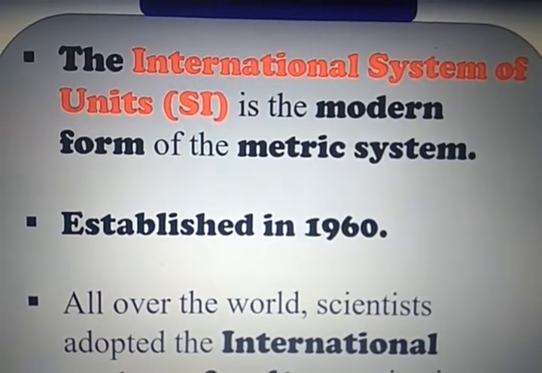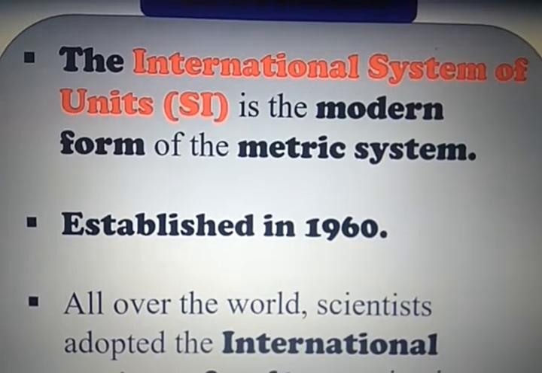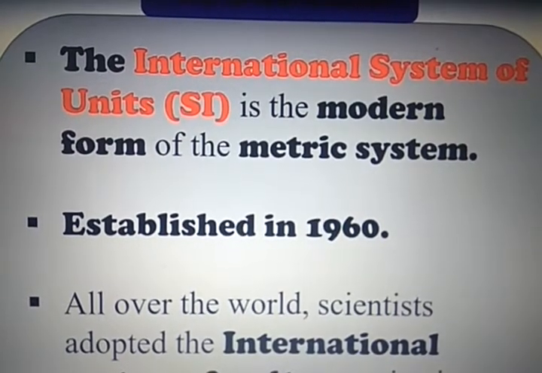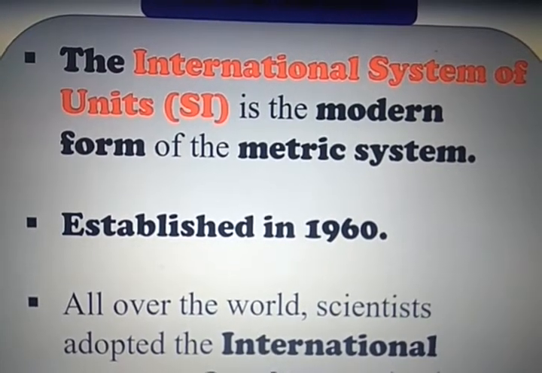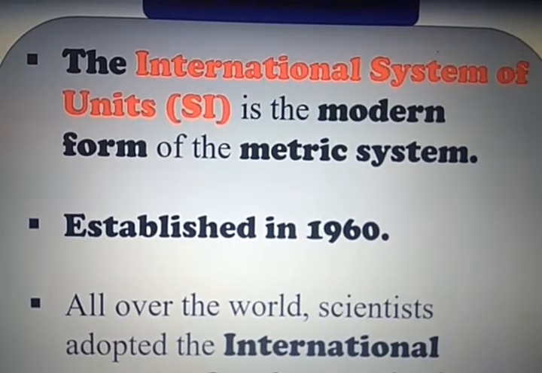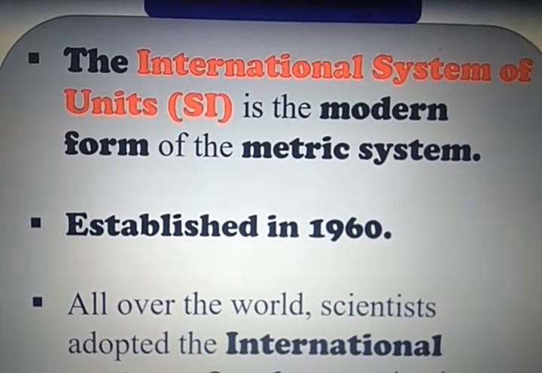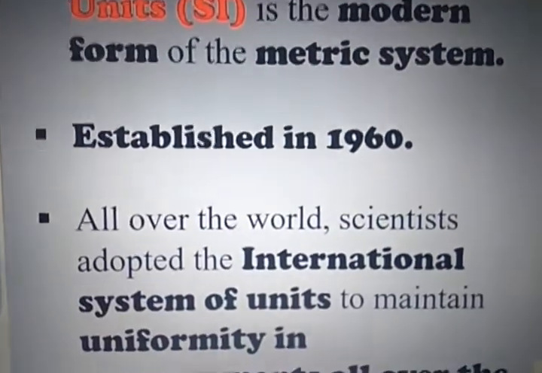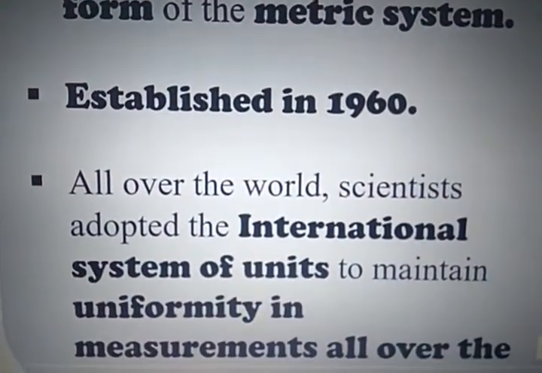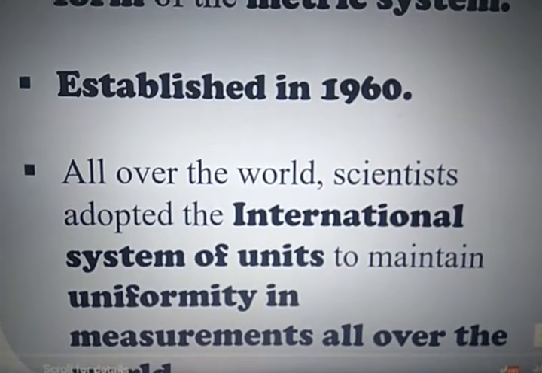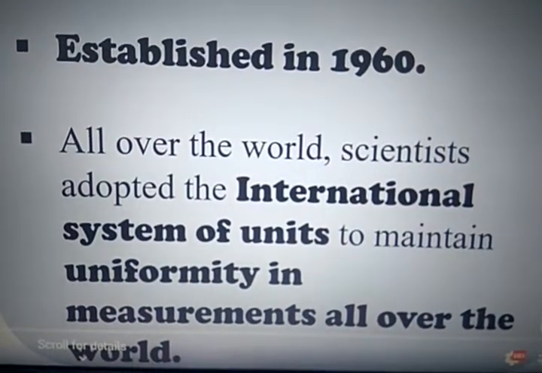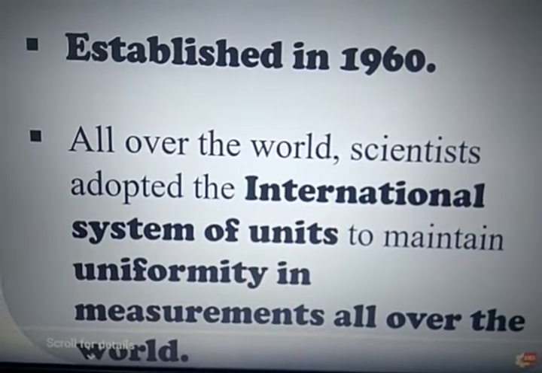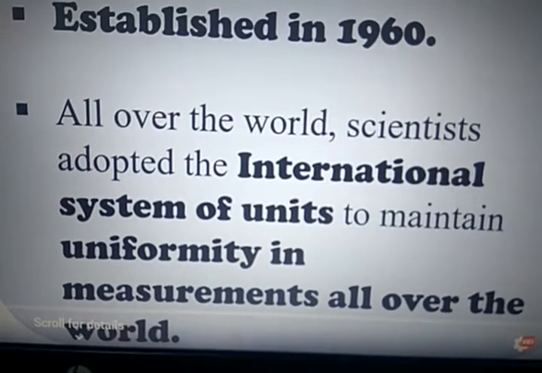SI means International System: S means system, I means international. It was established in 1960. All over the world, scientists adopted the International System of Units to maintain uniformity in measurement all over the world.